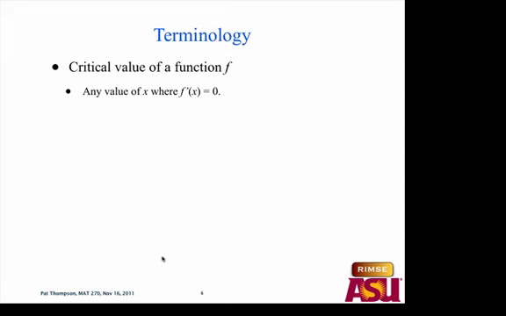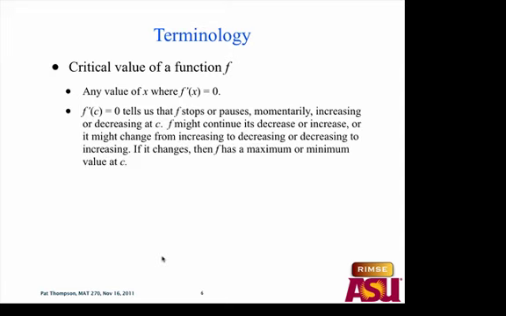It's staying constant. Okay, so f prime of c tells us that f stops or pauses momentarily increasing or decreasing at c. That we know for sure. Like Corey was saying, f might continue to decrease, or it might continue to increase, or it might change from increasing to decreasing or decreasing to increasing.